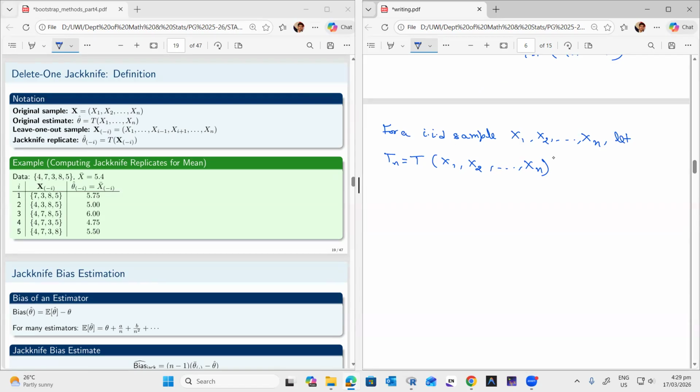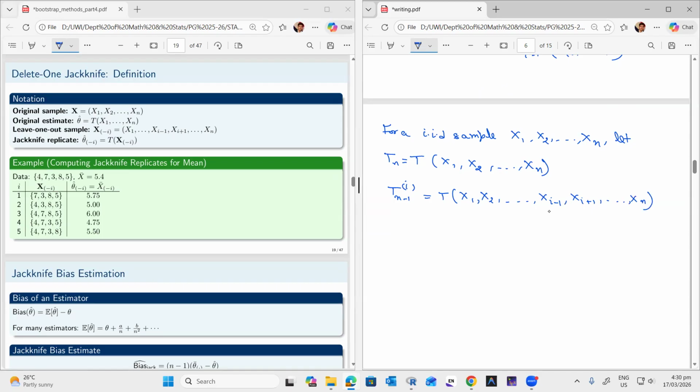So the jackknife replicates will be T n minus 1, i, equals capital T of x1, x2 up to x i minus 1 and x i plus 1 up to xn.